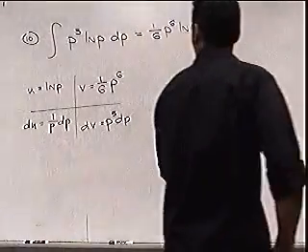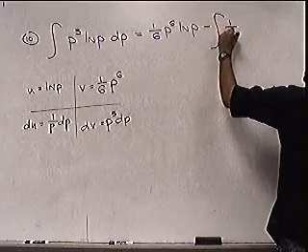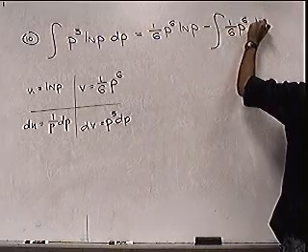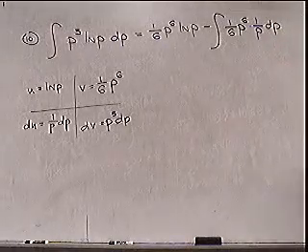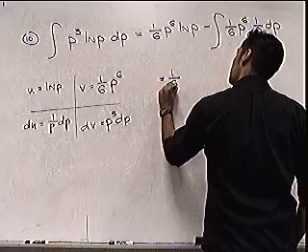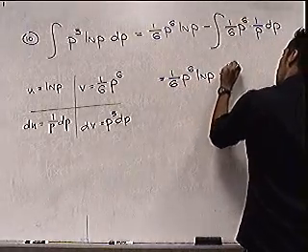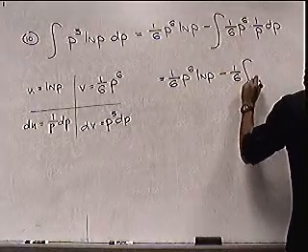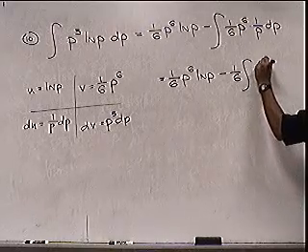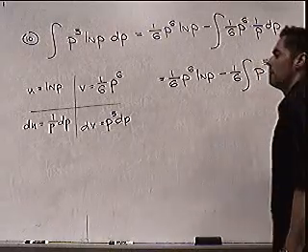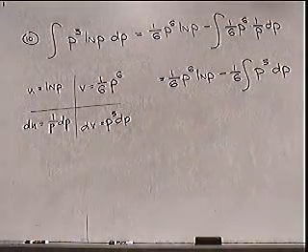Now here comes my integral: minus the integral of v du, 1/6 P to the 6th times 1 over P dP. So we have 1/6 P to the 6th natural log P minus 1/6 integral of P to what power? The 5th, dP. And hopefully everyone knows the antiderivative of P to the 5th.